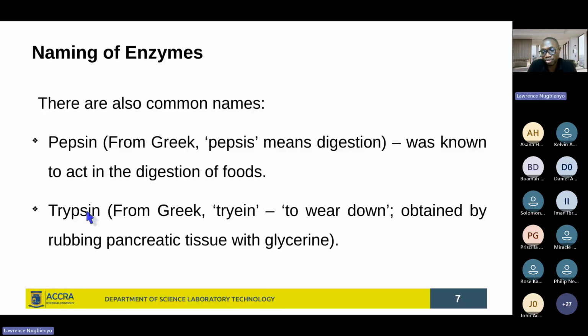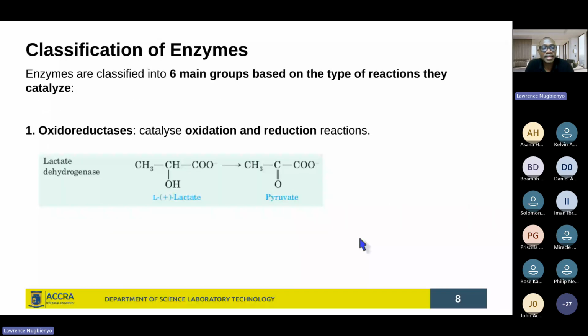Because of that process, which is to wear down or scrape off something, the Greek word for it is tripsis. So from that, you have the name trypsin. All right, so these are common names, and you can't just see the name and be able to tell. Now we can continue to look at classification of enzymes.